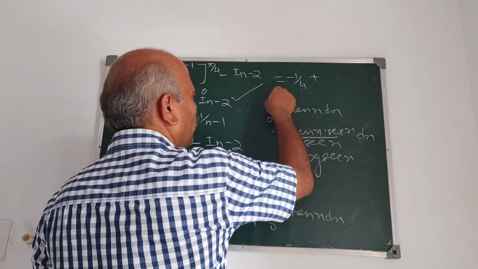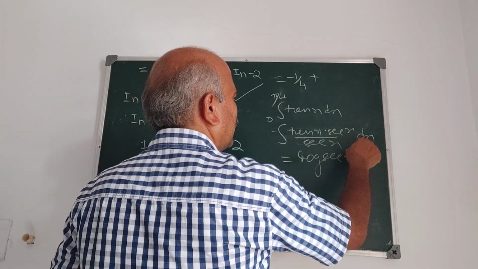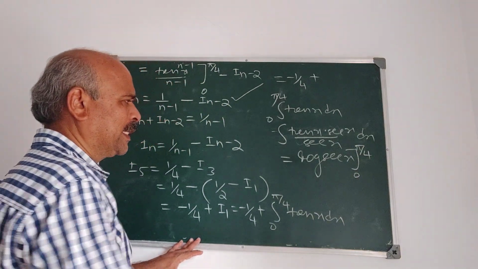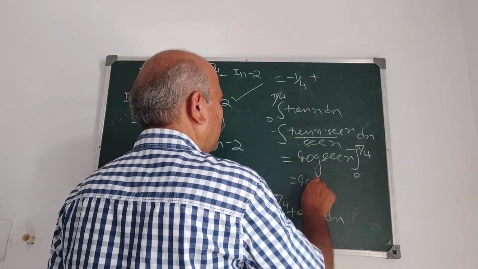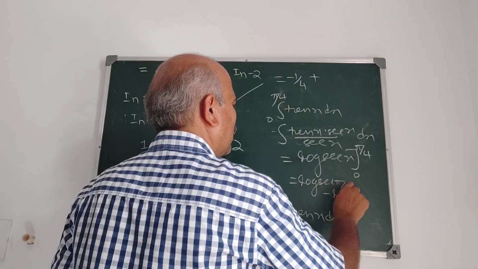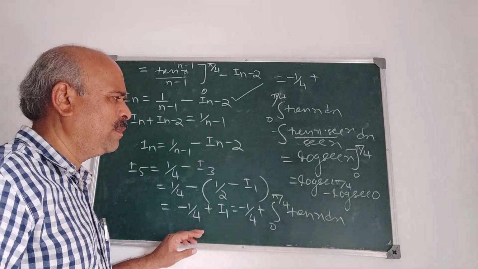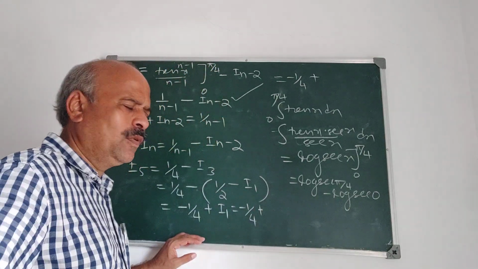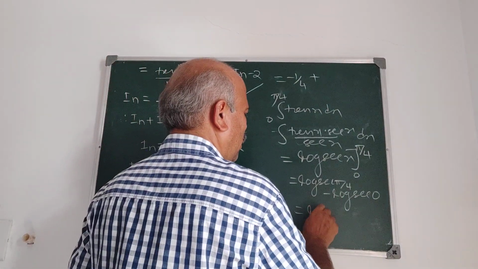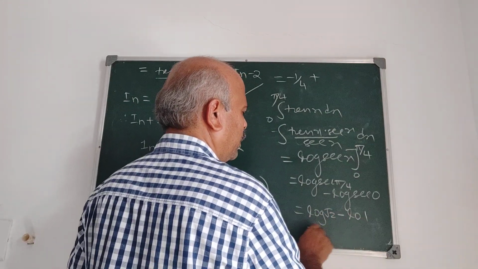So 0 to pi by 4 log sec x, tan x is 0 to pi by 4 log sec x. So it is log of sec pi by 4 minus log of sec 0. What is sec pi by 4? Sec pi by 4 is root 2. So log of root 2 minus log of 1.